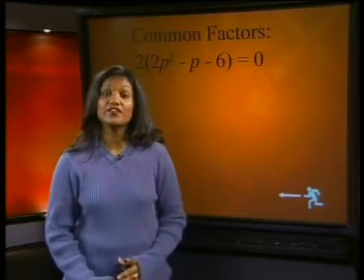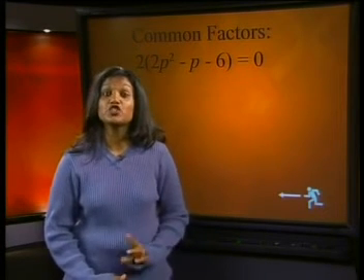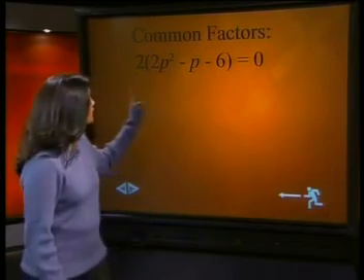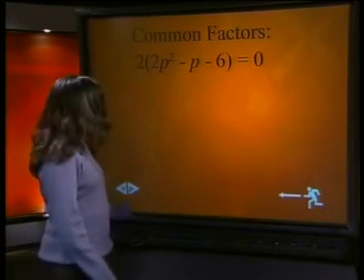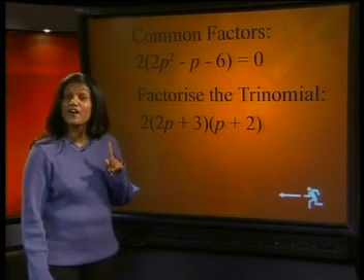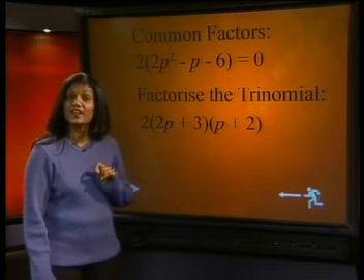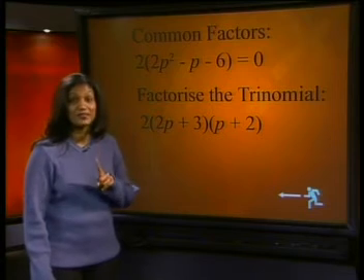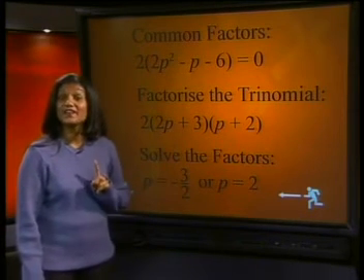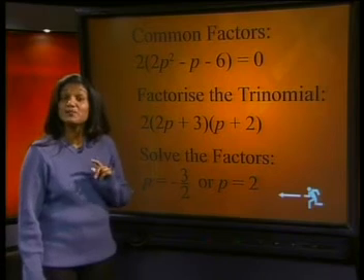To recap what we have covered in this lesson, think about the 2 examples that we solved. In both of them, we took out a common factor first. Then we factorized the trinomial. This was a little tricky, and we found a way of testing the possible factors until we found the right one. Then we solved the equation, knowing that at least one of the factors must be equal to 0.